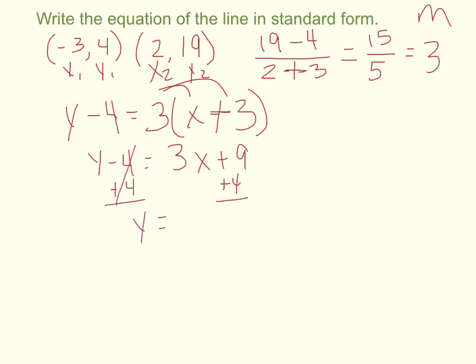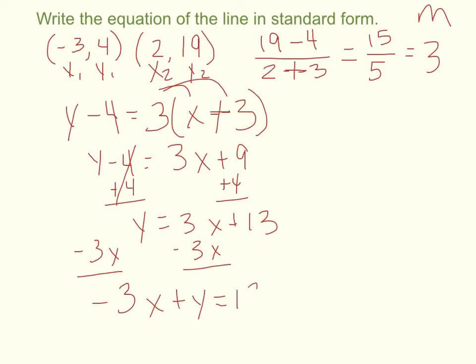So y equals 3x plus 13. Once you get y by itself, then you need to move the x. So minus 3x for both sides. So you have negative 3x plus y equals 13. So find your slope, put it into point-slope form, solve for y, move the x to the other side, and make sure I don't have fractions.